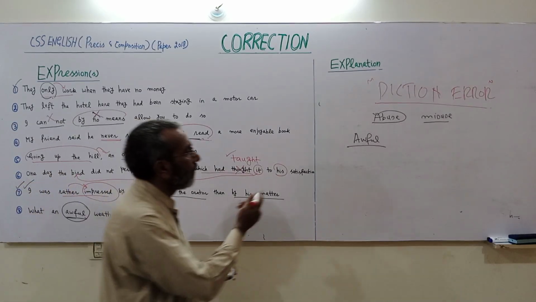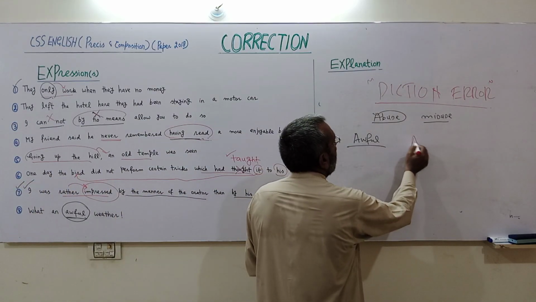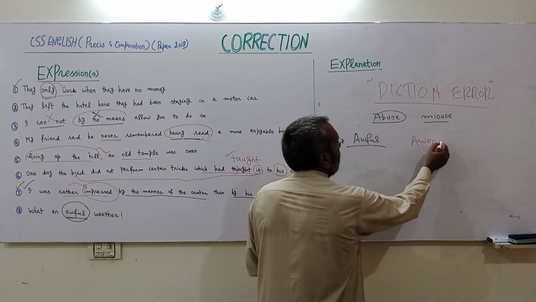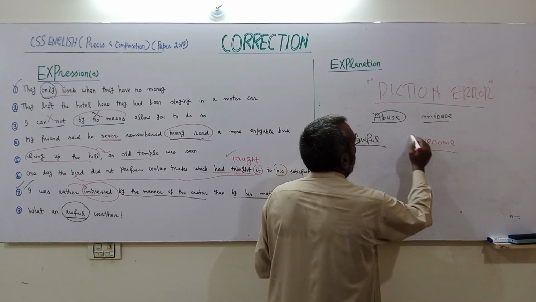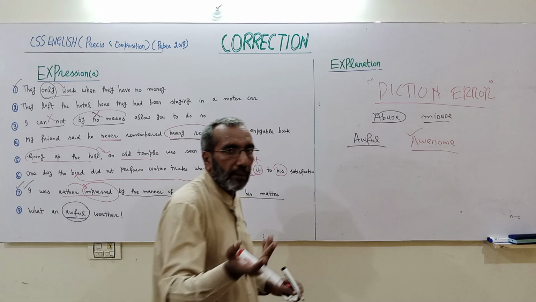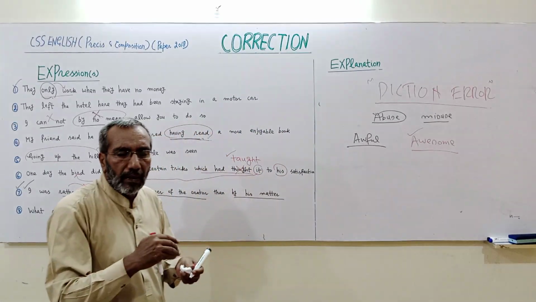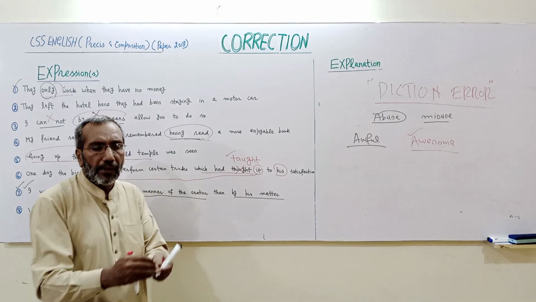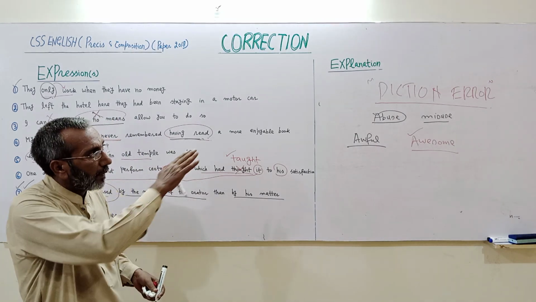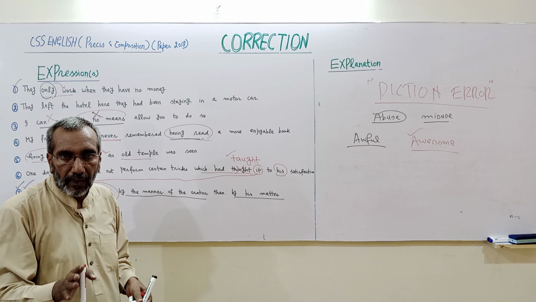Suppose instead of awful, all of you say, most of the students use this word very much, awesome. Awesome performance, awesome video, whatever. It's okay. And any word that gives the impression of positivity. Simple, pleasant. So this is called diction, right?